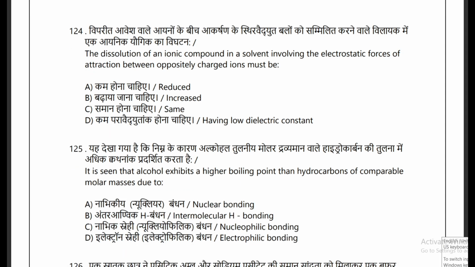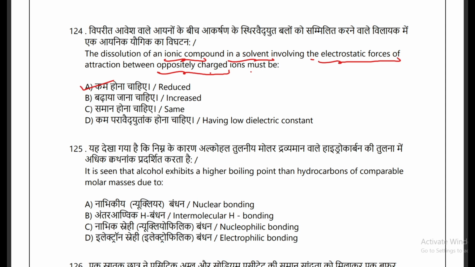In the next question, the dissolution of an ionic compound in a solvent involving electrostatic force of attraction between oppositely charged ions must be. So in this case, electrostatic force of attraction between oppositely charged ions must be reduced.